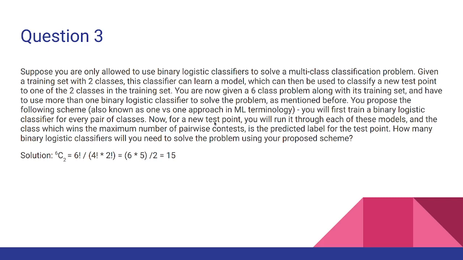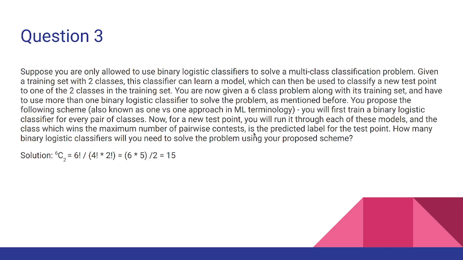For a new test point you will run through each of these models. Suppose there is some image and you are trying to predict what color it is. We have six options and you have to pick between them. Suppose you have built classifiers, one for picking if it is yellow or green, and another for picking if it is yellow or black, like that.